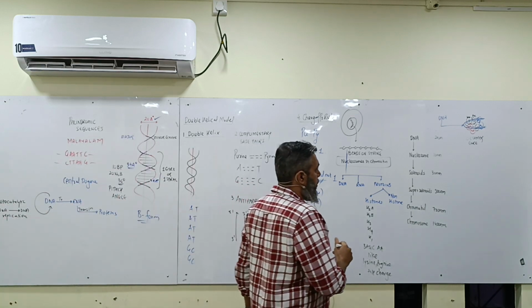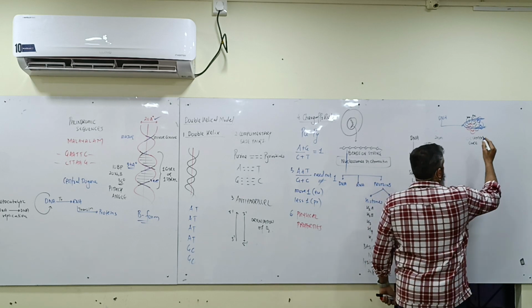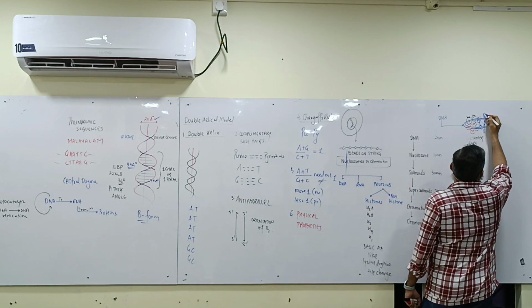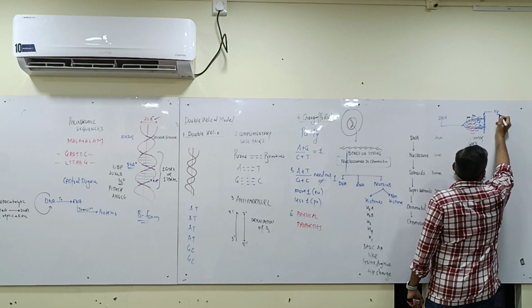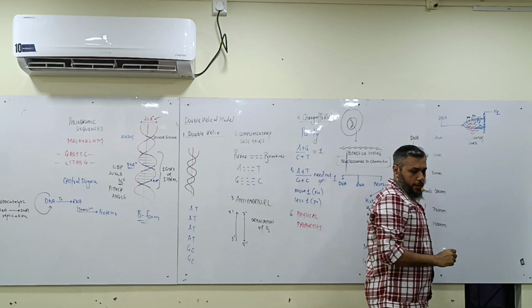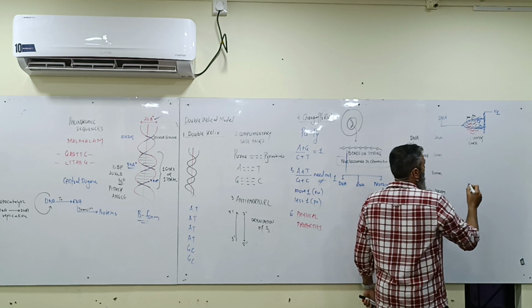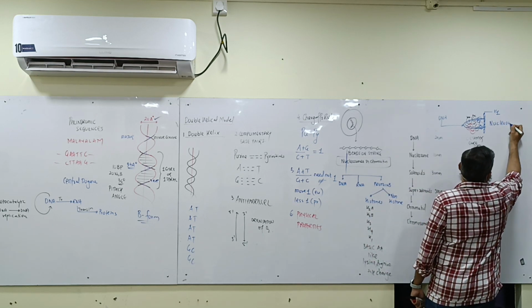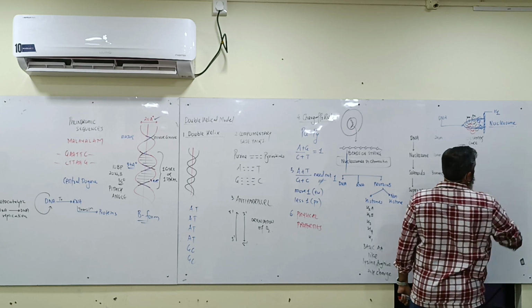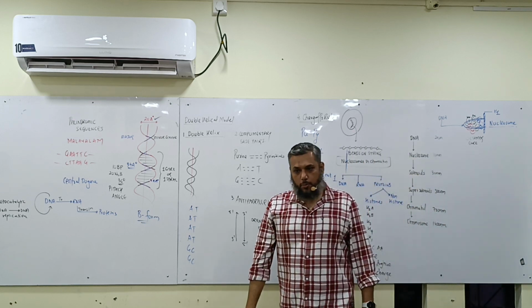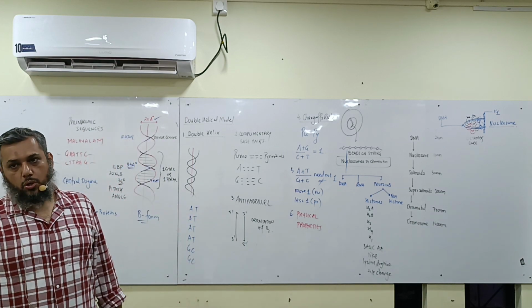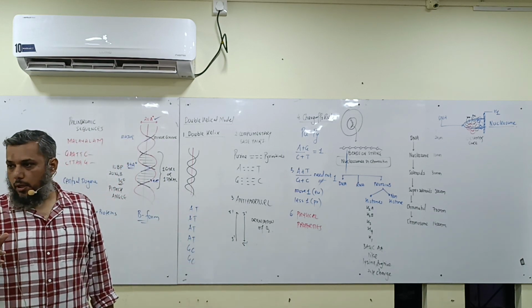And at the junction to keep it together is one more protein, which is called the H1, and that results in the formation of one nucleosome. What is the result in the formation of? One nucleosome.